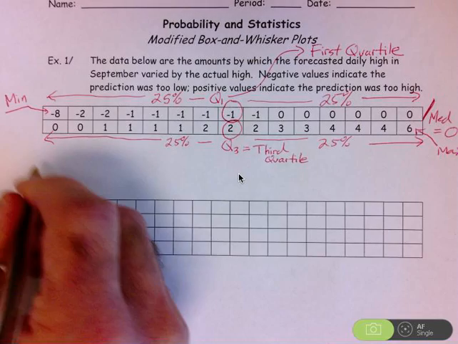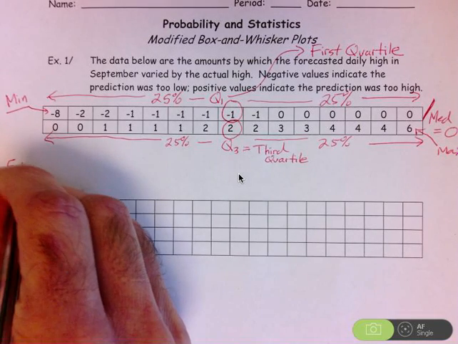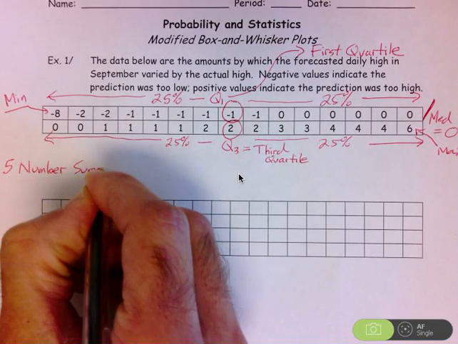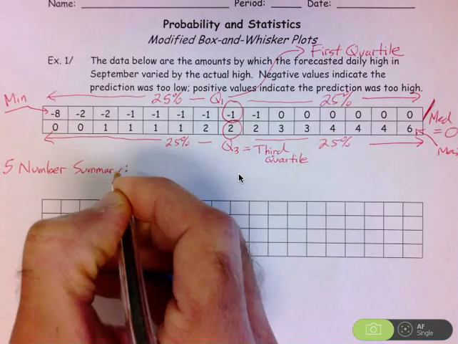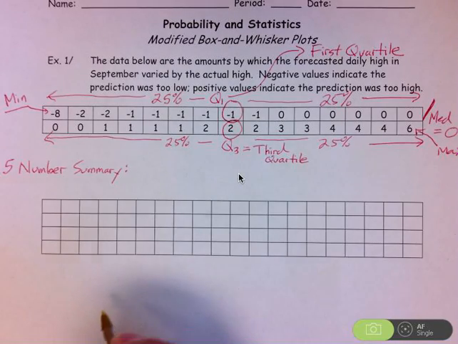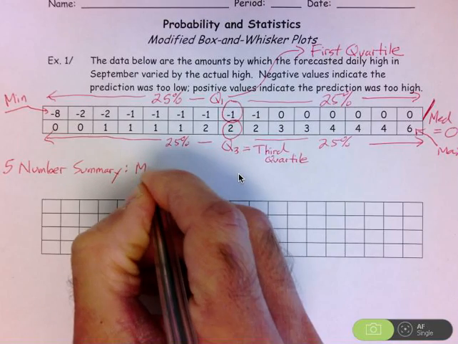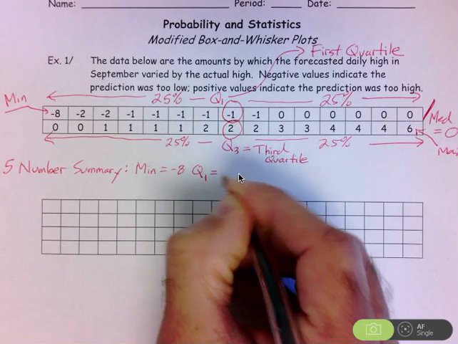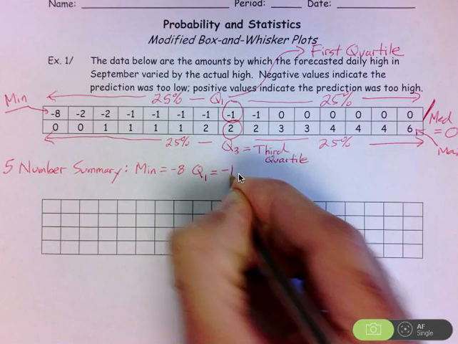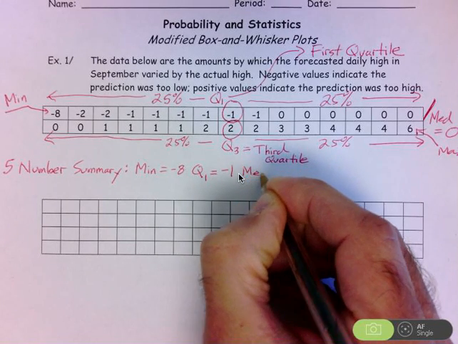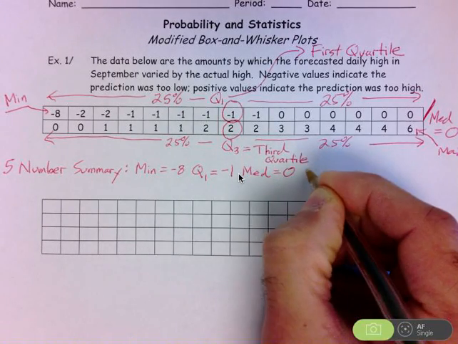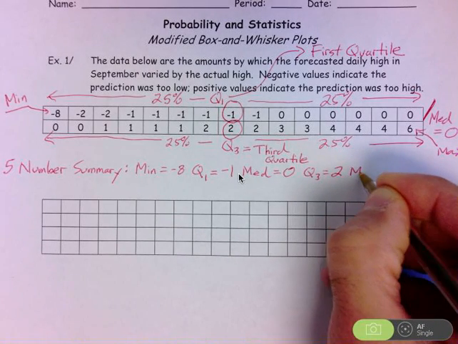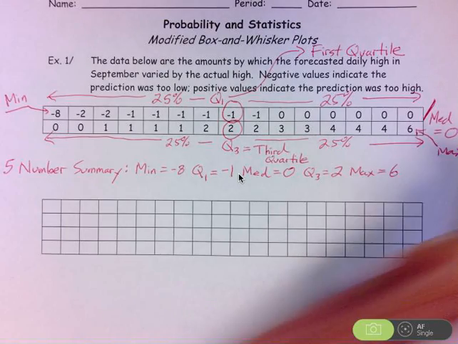So the 5-number summary, if we write it out, so first of all you have the minimum, which is at -8. Then you have Q1, which is at -1. We have the median, which is at 0. We have Q3, which is at 2. And then we have the maximum, which is at 6.